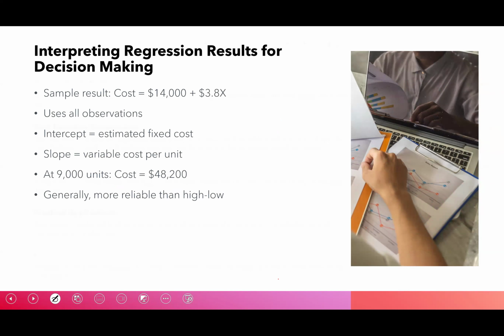Okay, suppose I want to show you one small example. Suppose, using a regression method, you are given a cost of 14,000 plus 3.8x. So you understand that this is your fixed cost portion, and this is your slope, or your b, or your variable cost per unit.